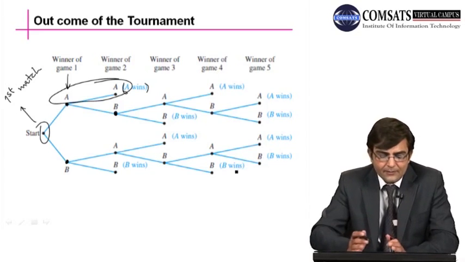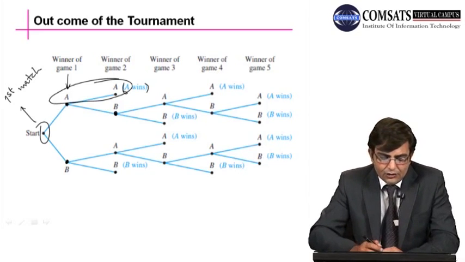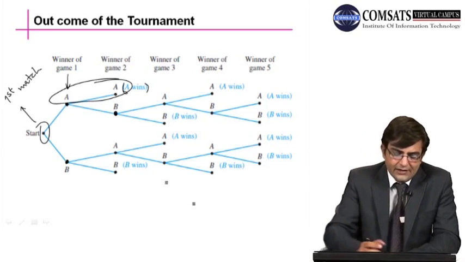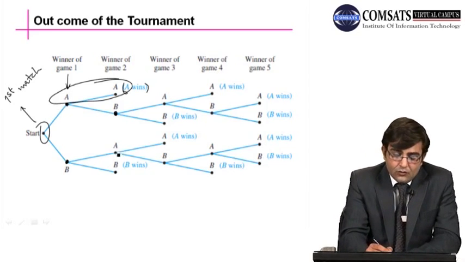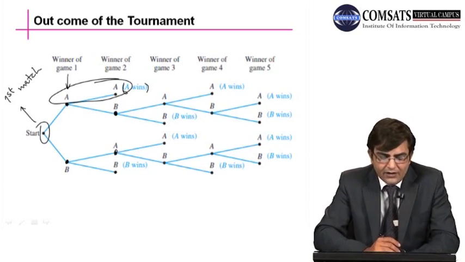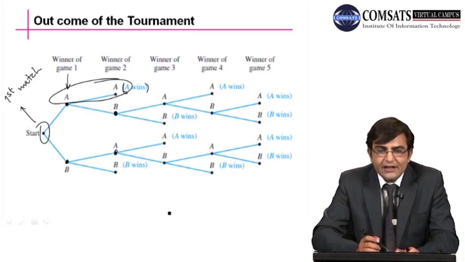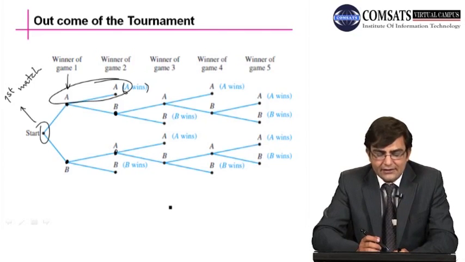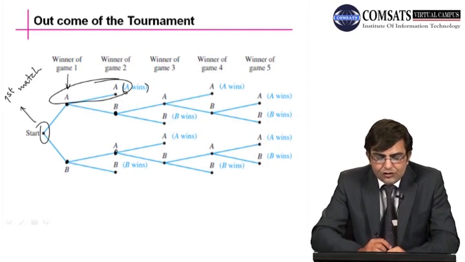B जो है लगातार 2 गेमें जीत गया है, so B is the winner of the tournament. If this is not the case, then suppose A is the winner, then we don't have any result of the tournament, because in the first game B is the winner and in the second game A is the winner. So now we move further.